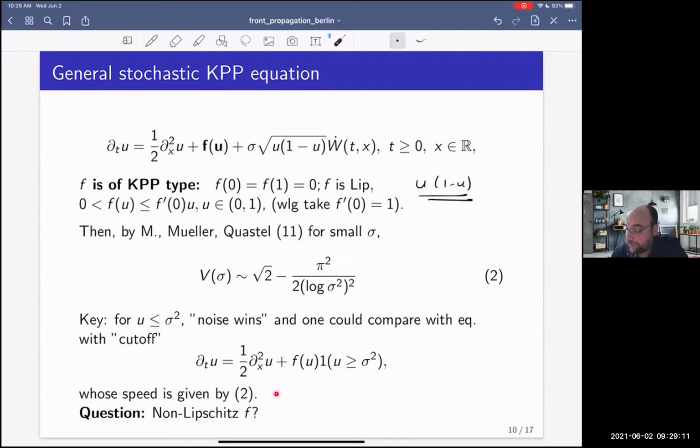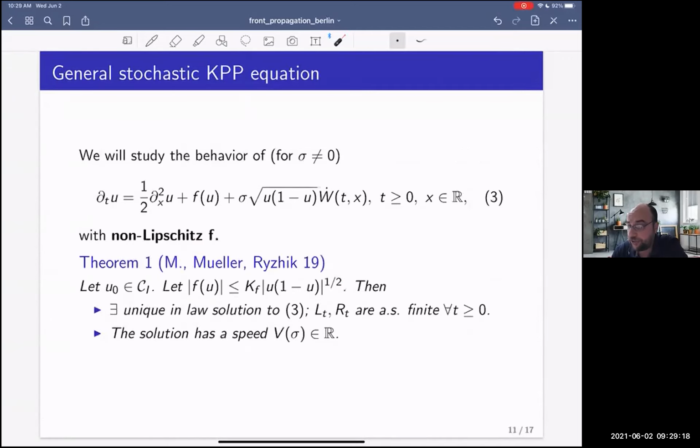Now we ask what happens in the case where f is not Lipschitz, not of KPP type, which is much more general. So we study the KPP equation with a not necessarily Lipschitz drift f. The first question we ask is whether there is existence and uniqueness of a solution to this equation.